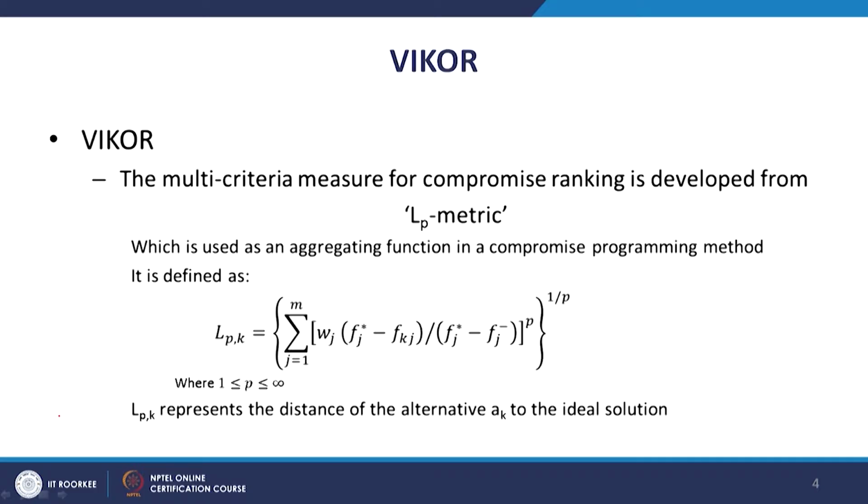In VIKOR, two specific values of this parameter p are taken. Therefore, two specific forms of this LP metric are taken for VIKOR. We will talk about those two forms.